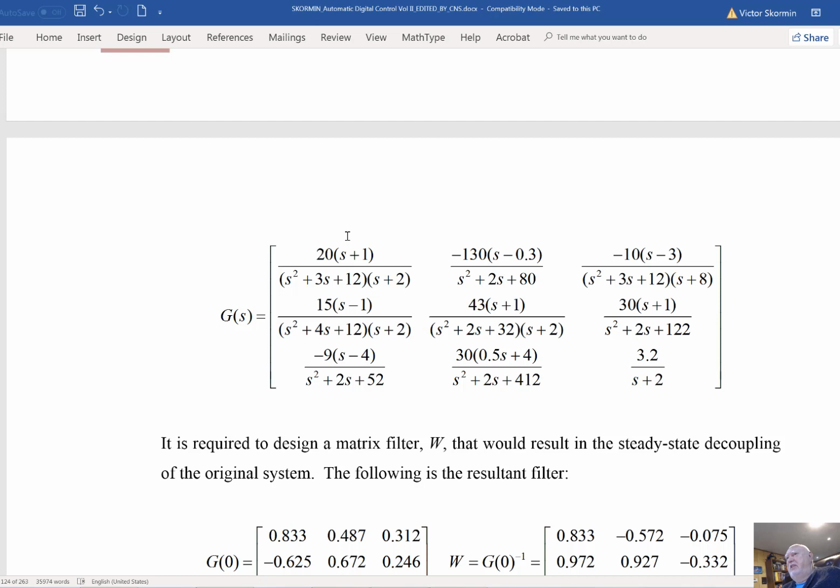I don't believe that they could achieve any decoupling effects, but the system became stable and settling times became acceptable.